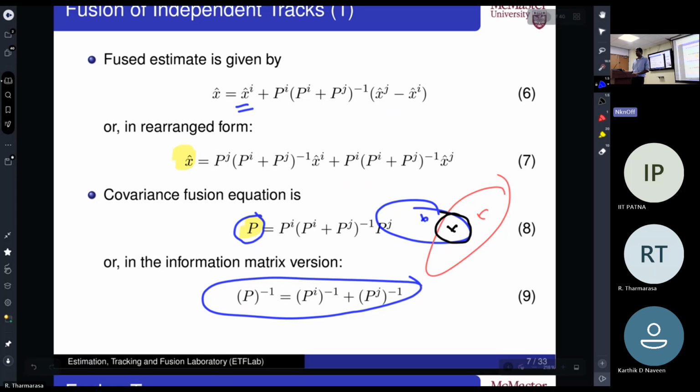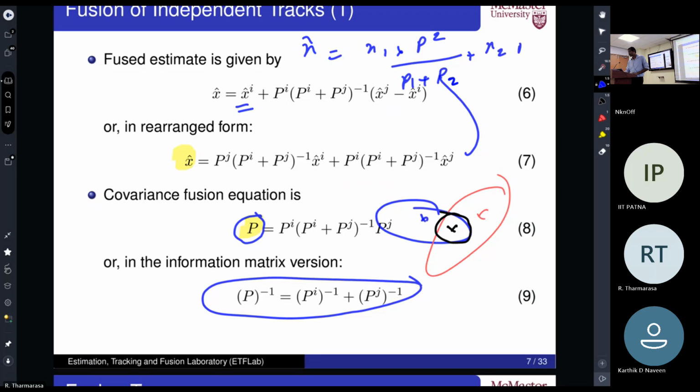So you are updating with this. If you look at it this way, if the covariance of x1 is larger, we give more weight to x2.